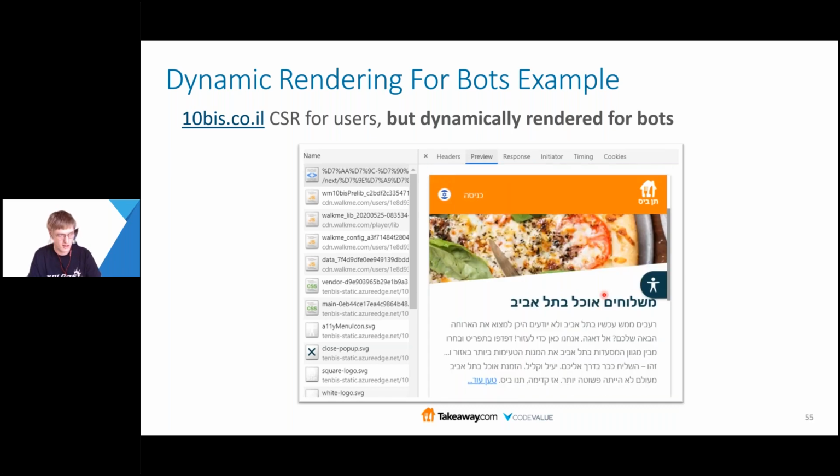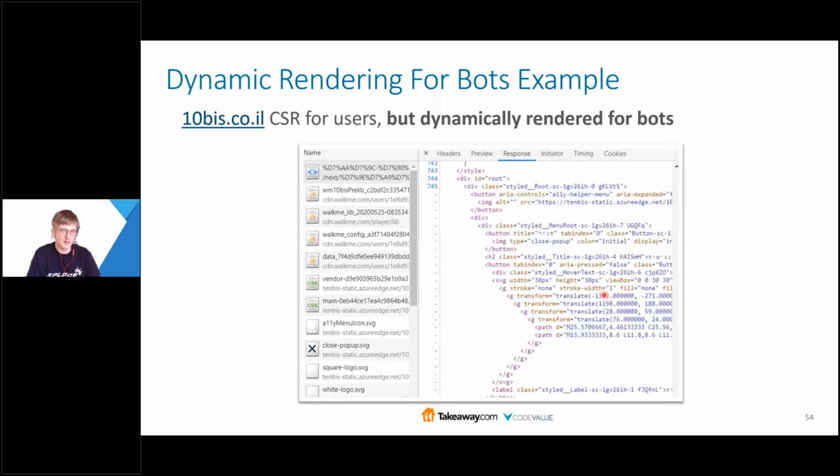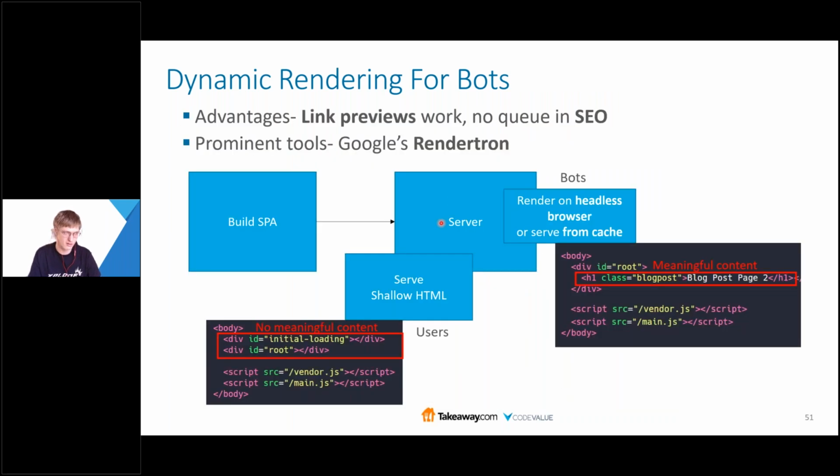Lakshmi asked how we differentiate between a bot and a human user. So in this step, we look at the user agent of whoever requests the website, and bots have a special user agent. There's the word bot there.